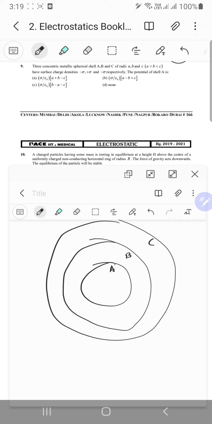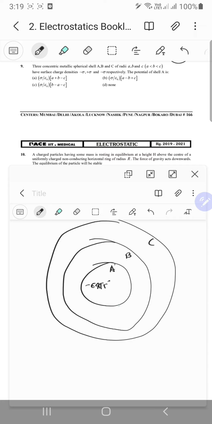Yeah. So we can just say the charge contained by this thing. Wait a second. Yeah, the charge contained by this thing is going to be that density times 4 pi r squared. The first one has negative, right? So its charge is negative sigma 4 pi r squared.